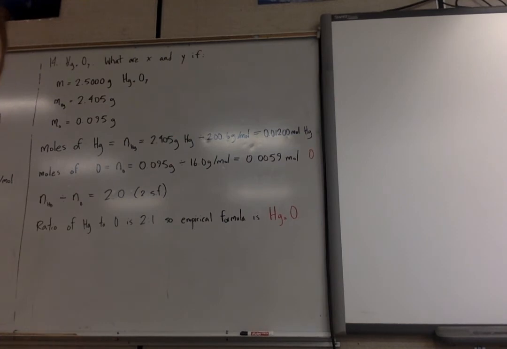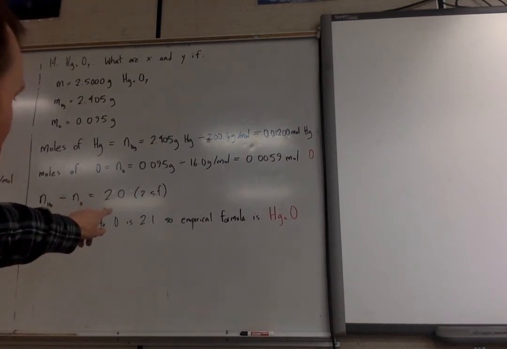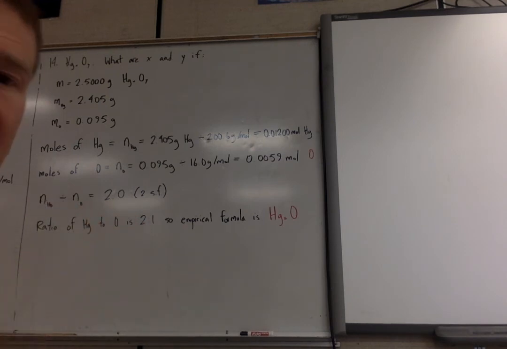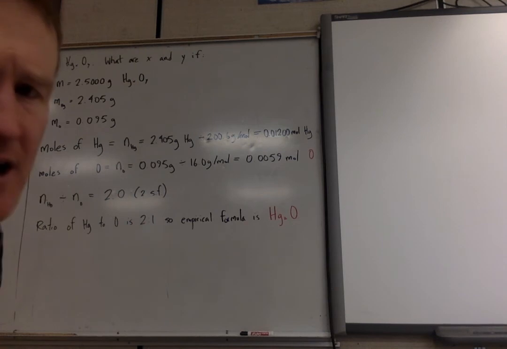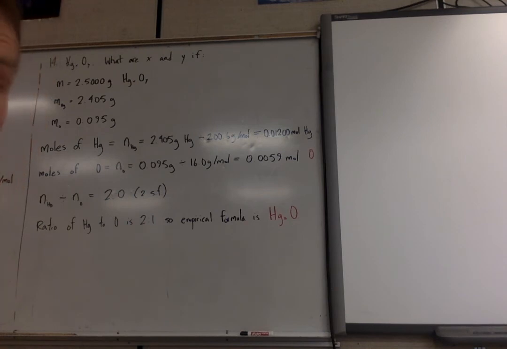So the ratio of mercury, Hg, to oxygen, O, is 2 to 1. This means that our empirical formula is Hg2O. We haven't calculated the molecular formula here. It might be Hg2O, but we haven't figured it out. We would need more information to find that.